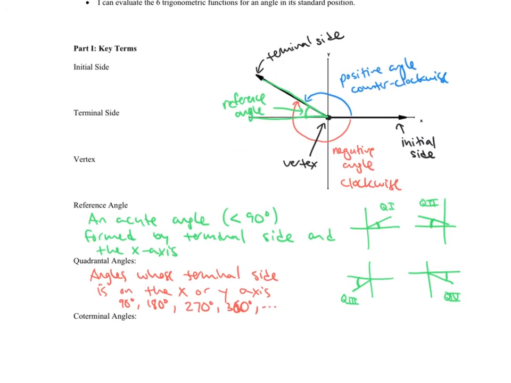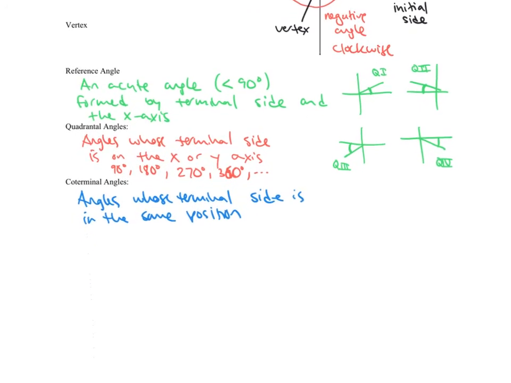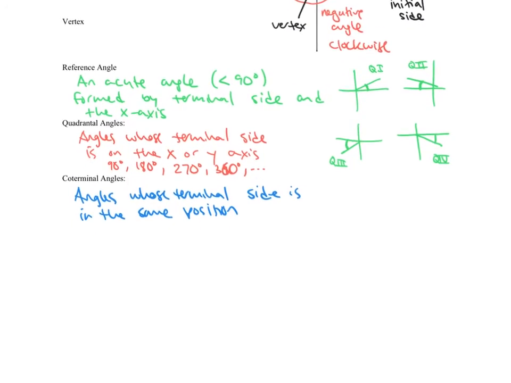Coterminal angles are angles whose terminal side is in the same position. So if you imagine, for example, a 30-degree angle.